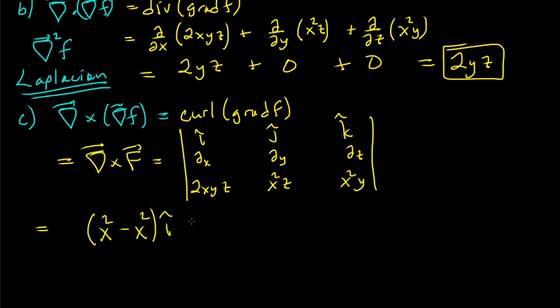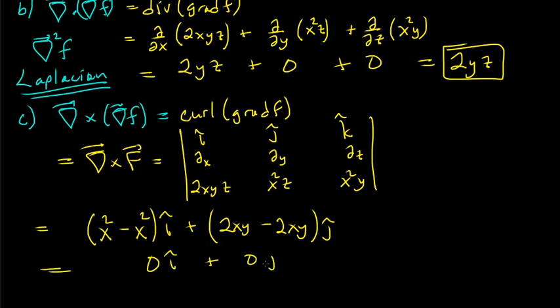So that's the i component. Plus the j component will be the z partial of this, so 2xy minus the x partial of this. The derivative with respect to x of x squared y is 2xy. So this is looking good. This is just 0i plus 0j.